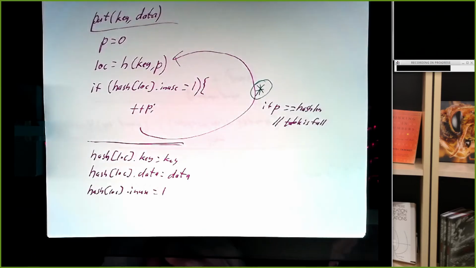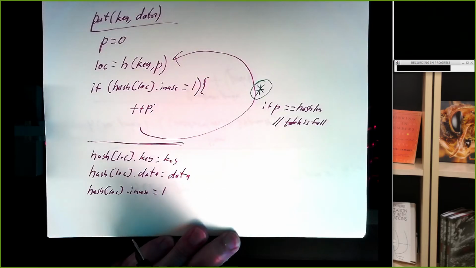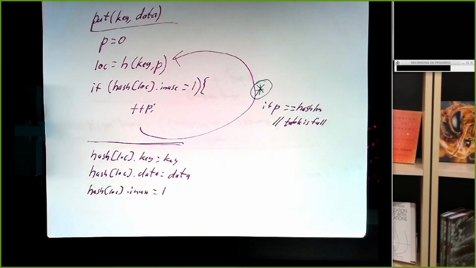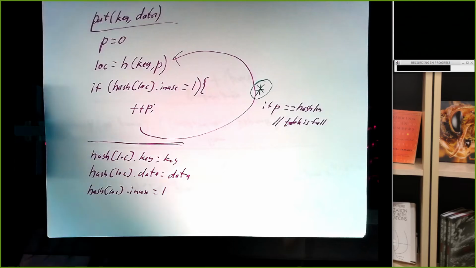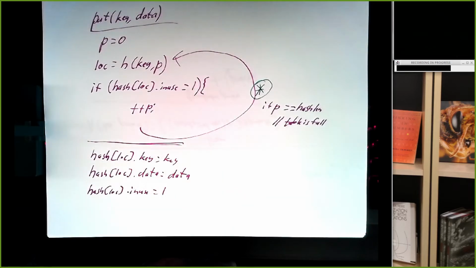And if we're still looking for a place, then we know we're not going to succeed in the future, and so that could kick us out. We could also check to see if the location is the same as the location when we hashed with a probe of 0. And if it is, we know that we've looped back, and we're just going to keep trying the same locations again and again.